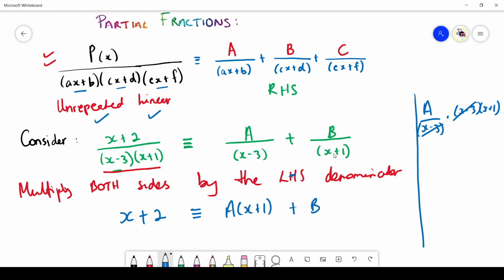Similarly, the x plus 1s would cancel and you'll get x minus 3 left here if you want a bit of working to see why. All right, if you're multiplying that by x minus 3 by x plus 1, the x plus 1s are going to cancel, leaving behind that x minus 3. So as you can see, it's kind of a basic step once you get the hang of it.